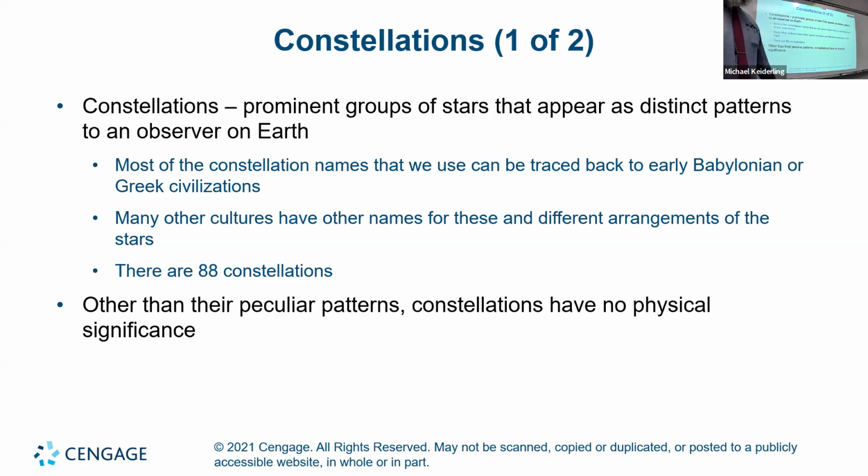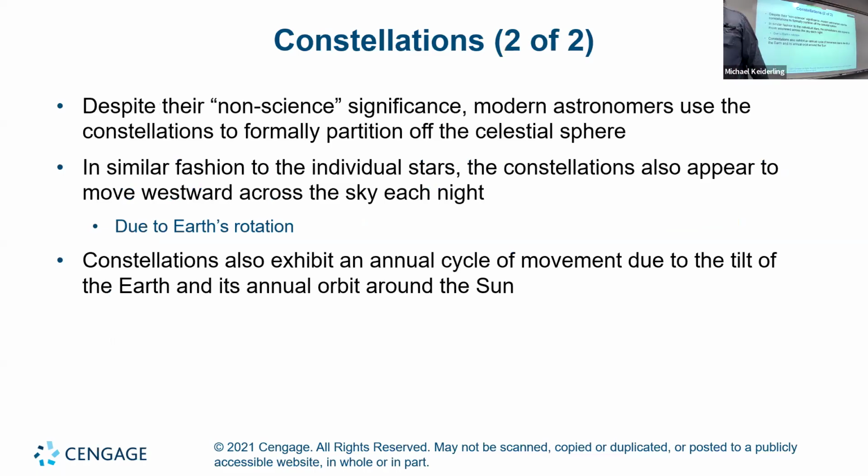It's just more convenient to say I'm talking about the thing that's located in Sagittarius than the thing that's located at these specific right ascension and declination. Yeah, it's just a tool used for location at this point. So despite their non-science significance, modern astronomers use the constellations to portion the celestial sphere. Also because they've been used historically for a long time, so if you're going to compare to historical stuff.